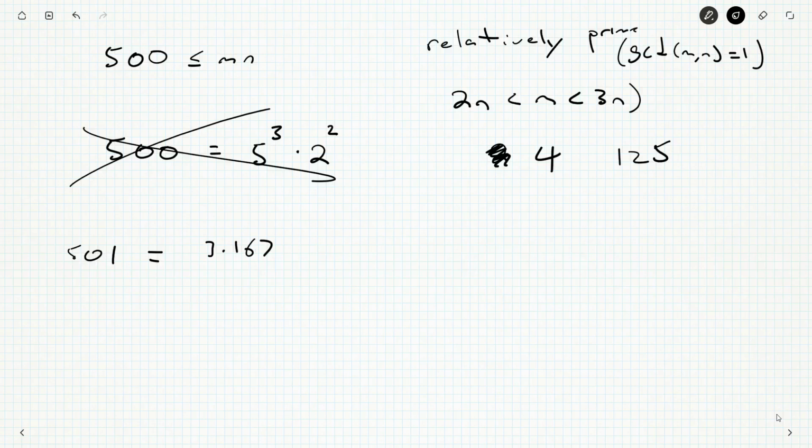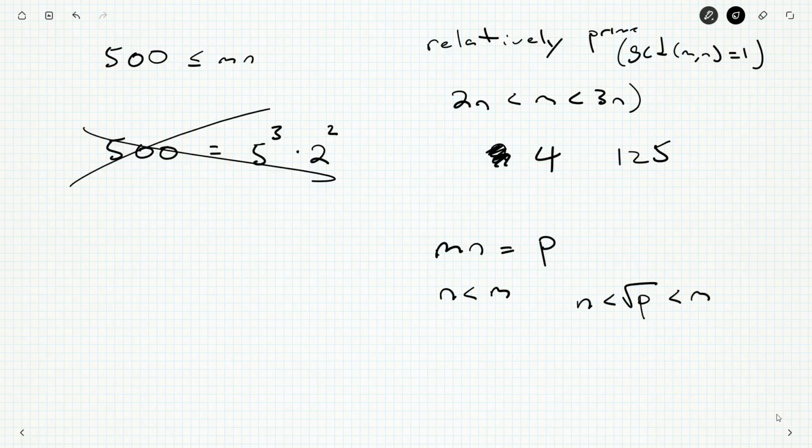Oh, you know what might help? If mn is equal to some value, well, we've already used k. Let's call it p. I don't know. And I know n is less than m. That was one of the first things I said. And that means n is less than root p is less than m. And so 2n is less than 2 root p.